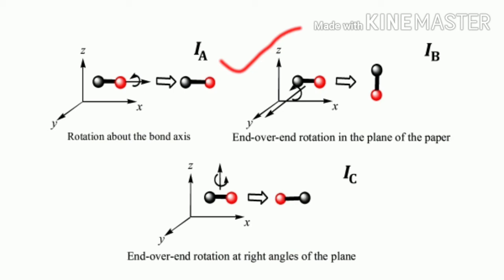This is known as end over end rotation in the plane, and the moment of inertia is denoted by IB. In the third figure, if the molecule is rotating in the z-axis, it is called the end over end rotation at right angles to the plane of the slide, and the moment of inertia is denoted by IC.